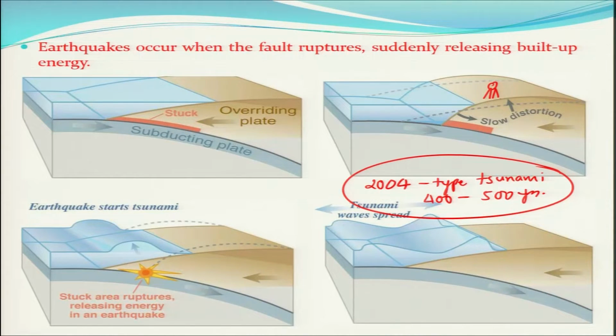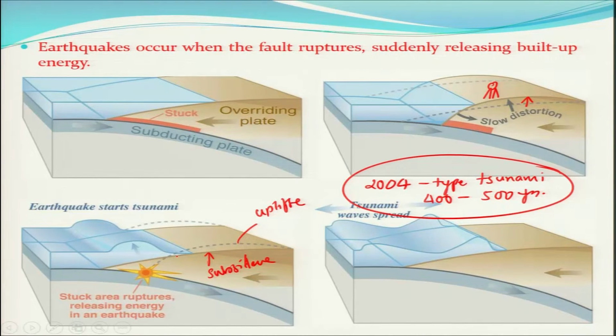What we see is that there is an uplift here. The land has moved up, and then at the time of the release, this is the land which was uplifted, and at the time when it was released, it has come to this level. This is what we call subsidence.